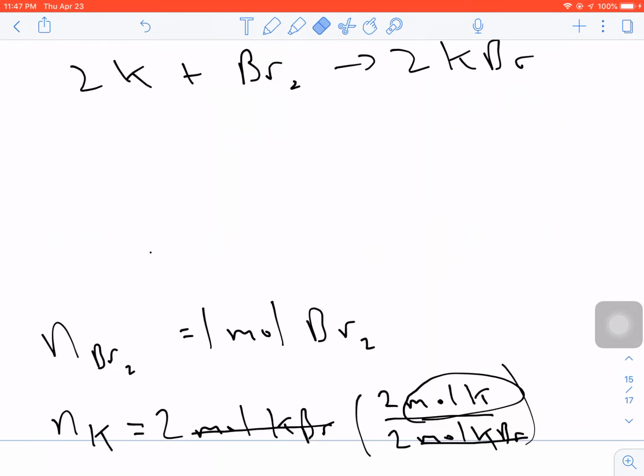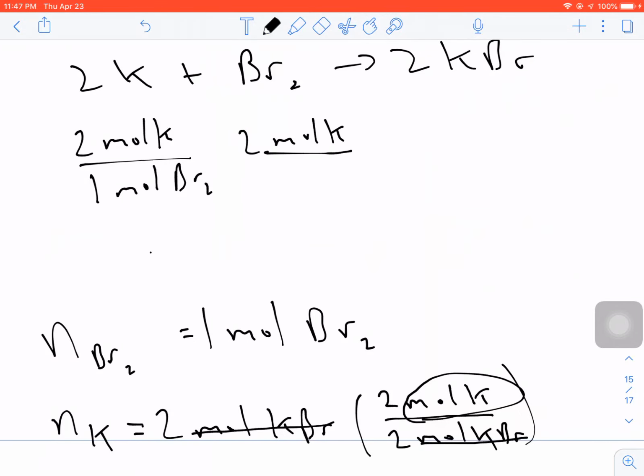One mole ratio that I might have here would be the mole ratio of 2 moles of potassium are used every time 1 mole of Br2 is used. Or I could say 2 moles of potassium are used every time 2 moles of KBr are made.